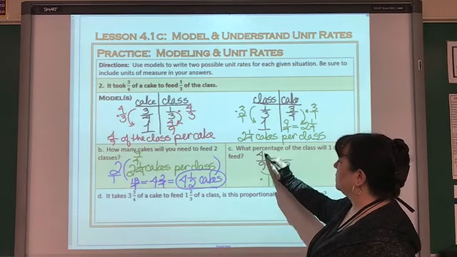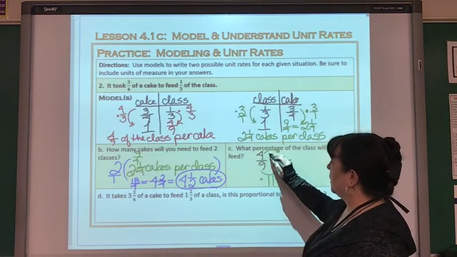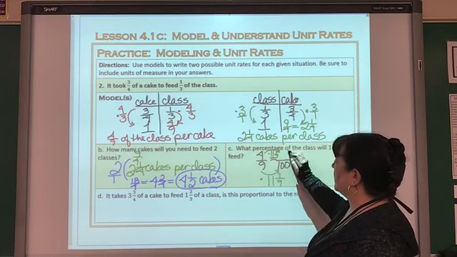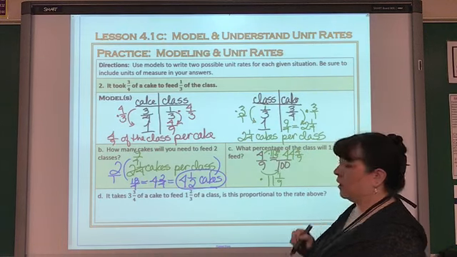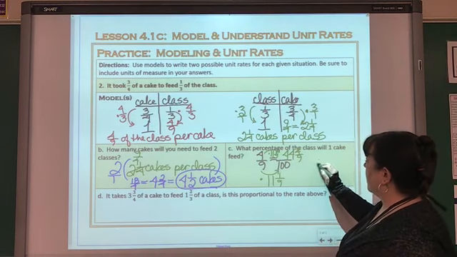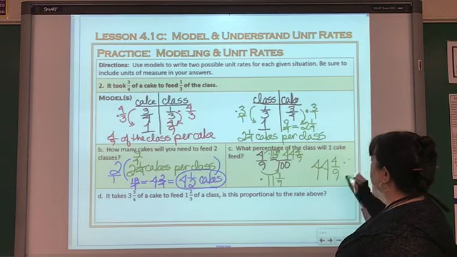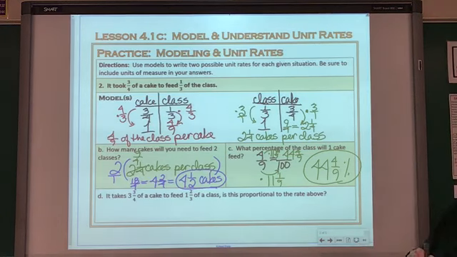Then, if we multiply the top by the bottom, I'm going to multiply it by 11 1/9. And what I end up getting is 44 4/9. That means that I have 44 4/9% of the class are fed by 1 cake.